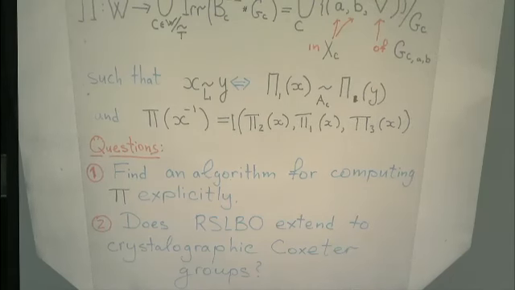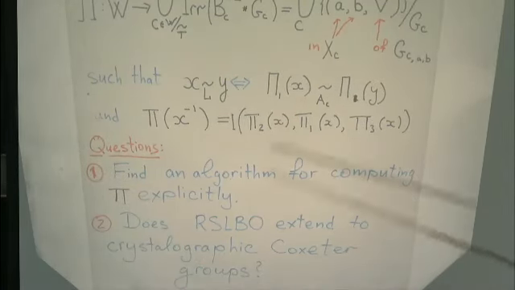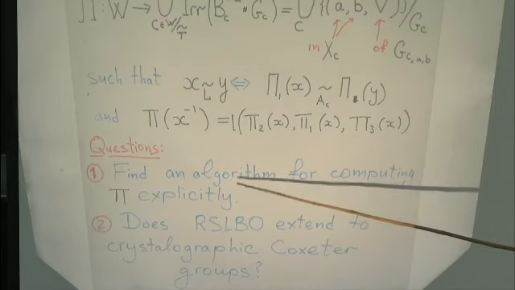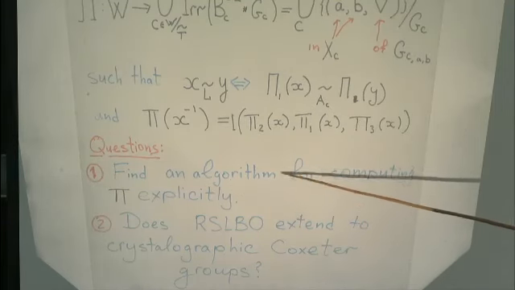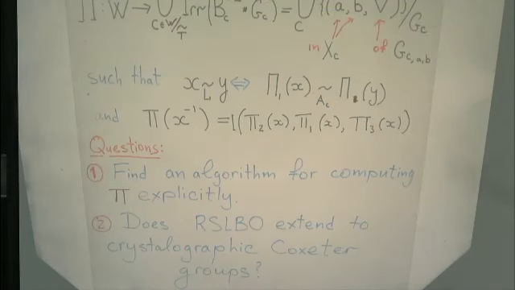So in particular, 5 would follow if one knows how to compute pi explicitly, and I think at the moment the humankind doesn't know that. So that's why my next question is: is there an algorithm for computing this correspondence explicitly?